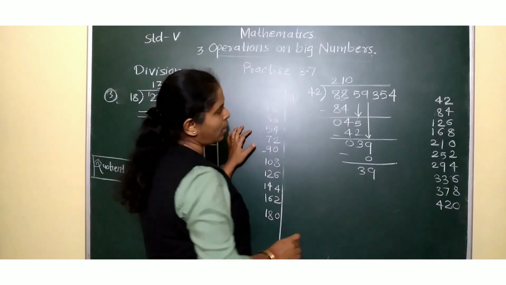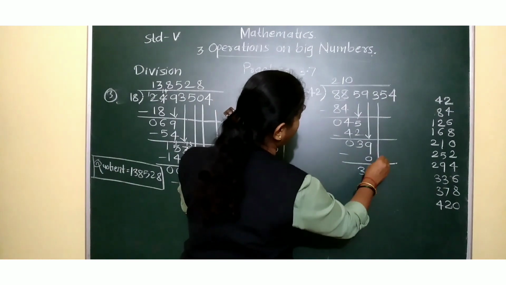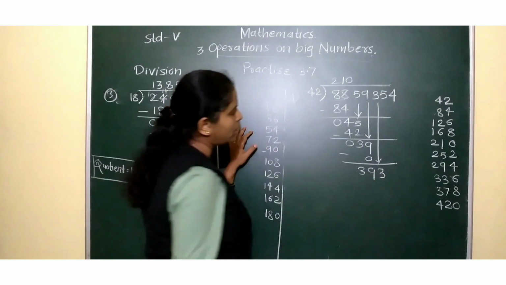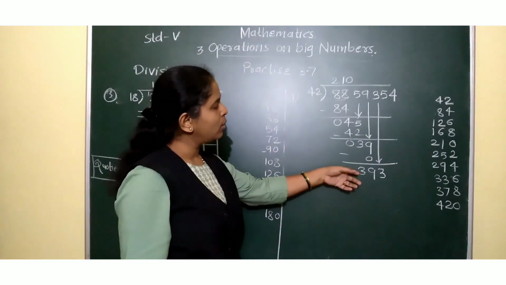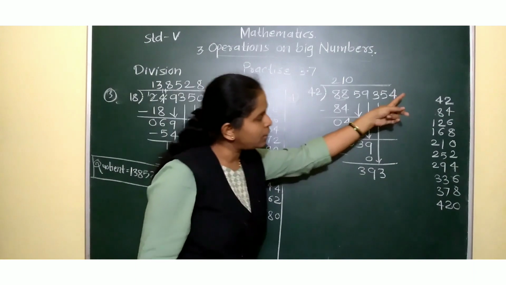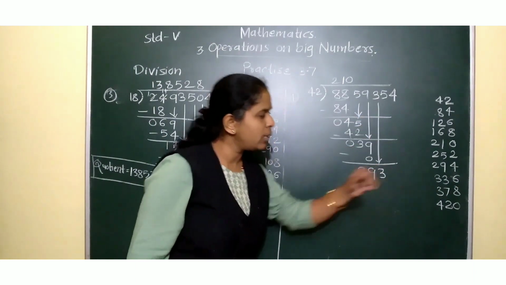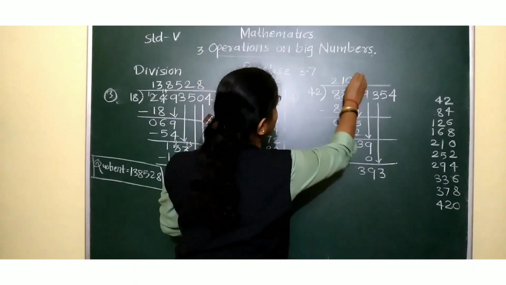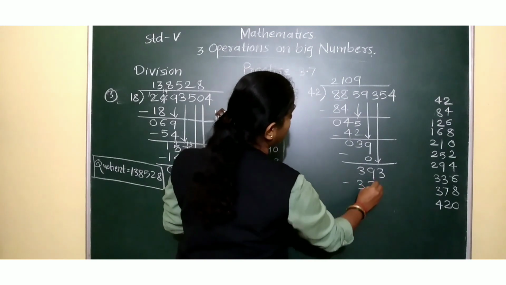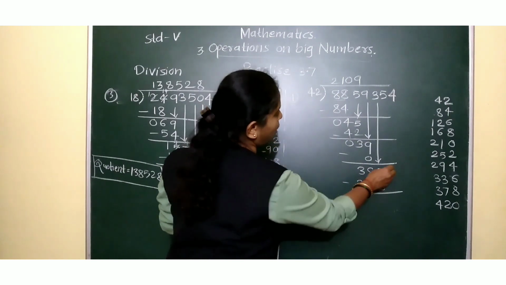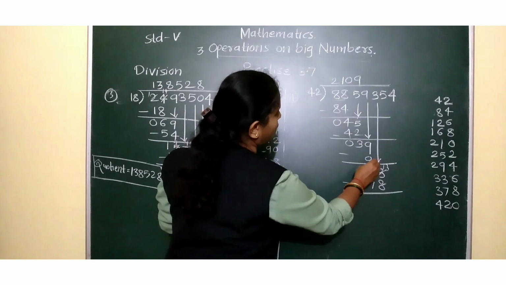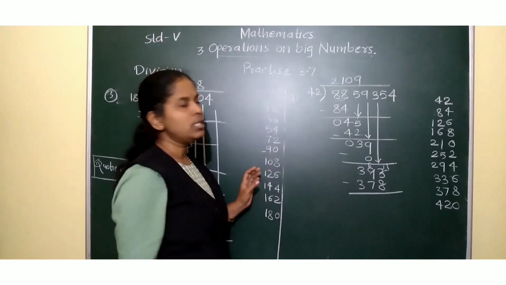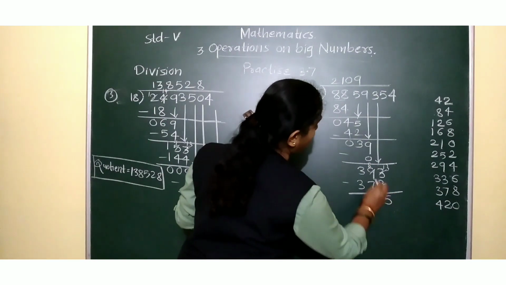Okay. Now take this 3 down. Here is 393. Now which number is close to 393 in this table? 378. That is 42 nines are 378. Okay. 13 minus 8 is 5. 8 minus 7, 1.